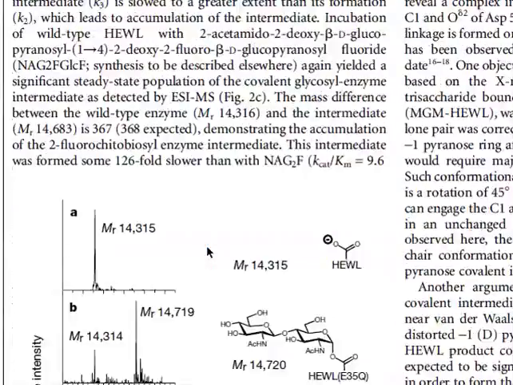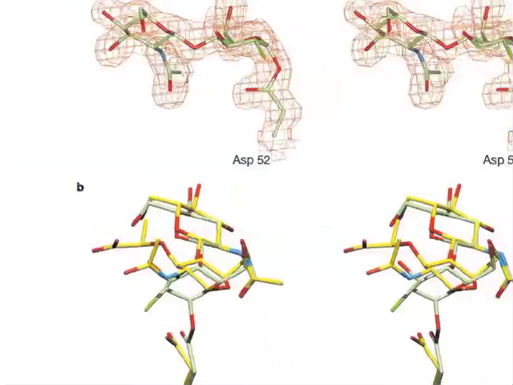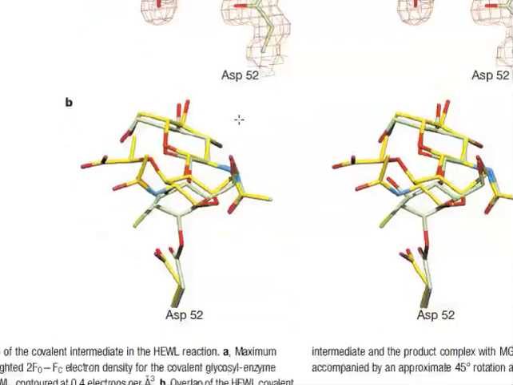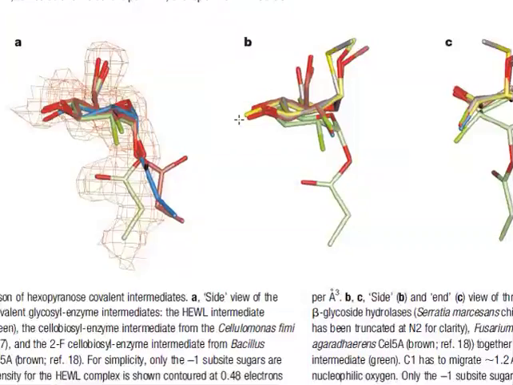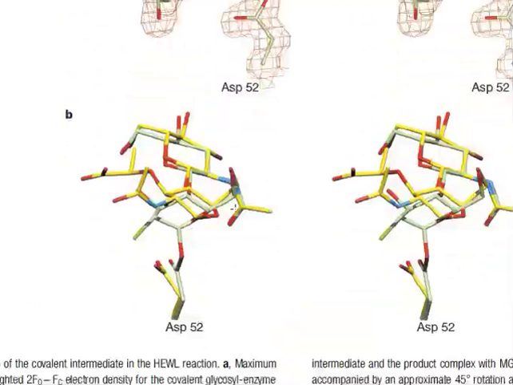Sorry about this. Let's scroll down. There's some crystallographic information suggesting that, I'm trying to look for a clear picture. Well, here, it's a little bit difficult to see. There are two structures that are overlaid.